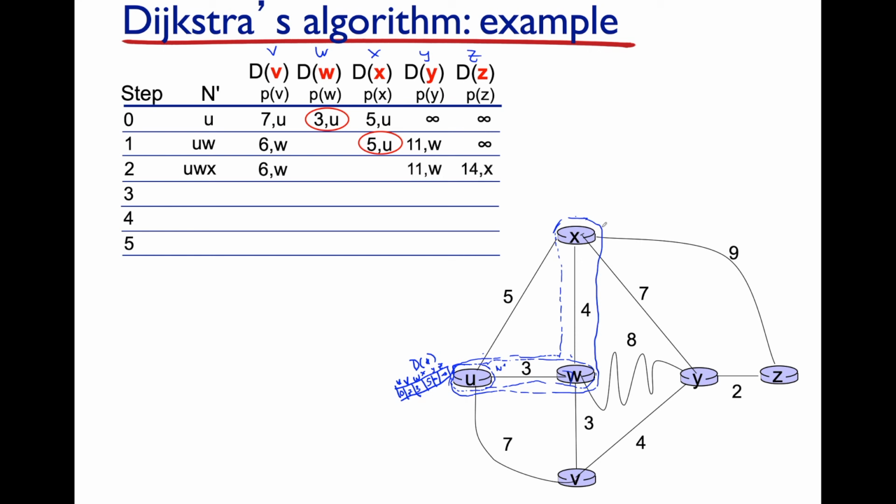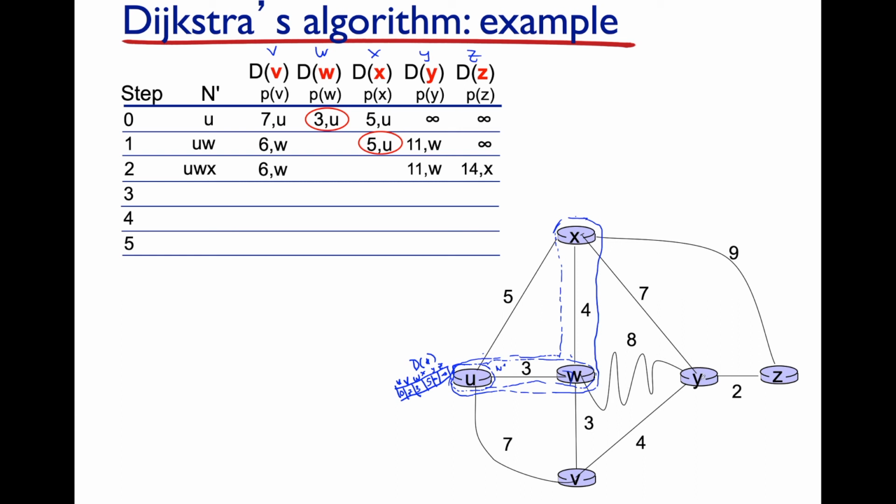So if we do this, okay, well, we see to get from U to V, that's going to be at a cost of 6, that we still keep that old entry. To get from U to Y, that was what was fixed up. We keep that old entry, so we go along through W. That doesn't change.